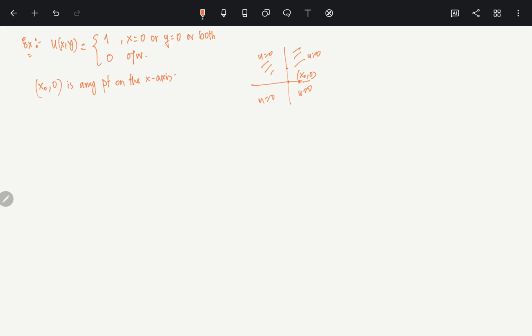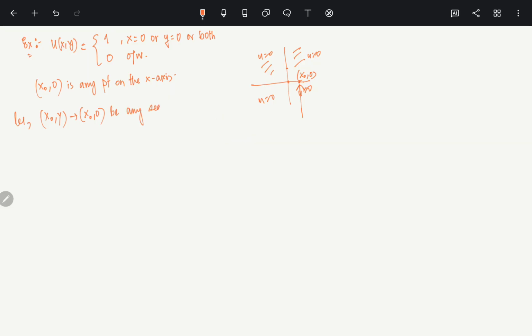Of course not. Why? Because if you start taking a sequence in this direction, take a sequence (x naught, y_n) which converges to (x naught, 0). Let (x naught, y_n) converging to (x naught, 0) be any sequence.